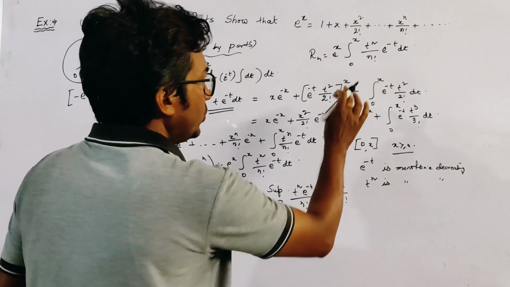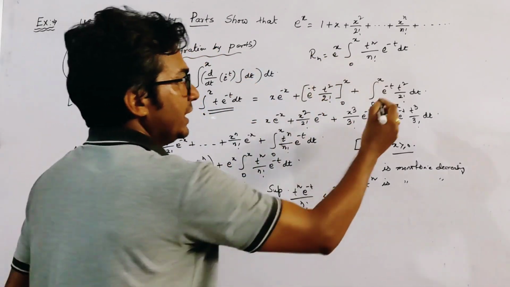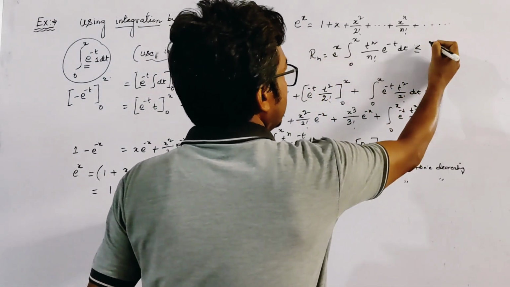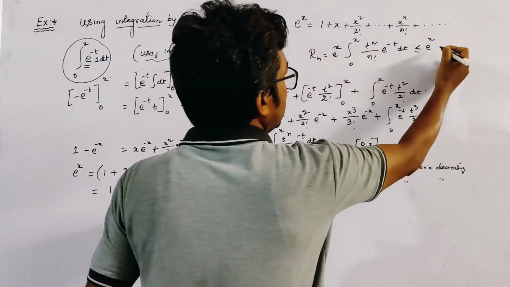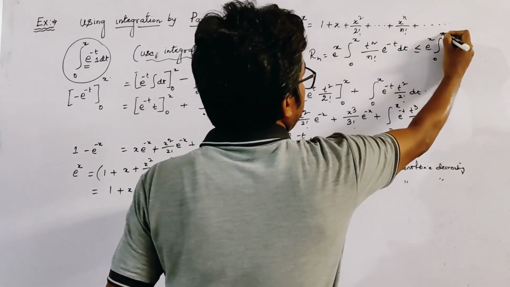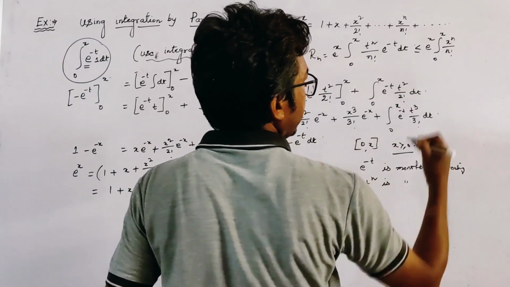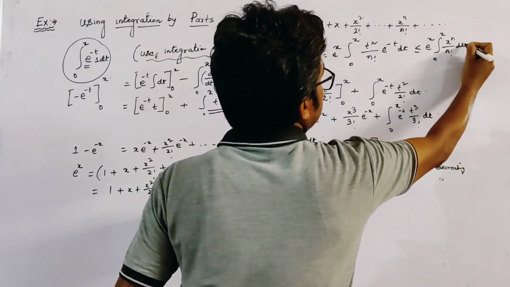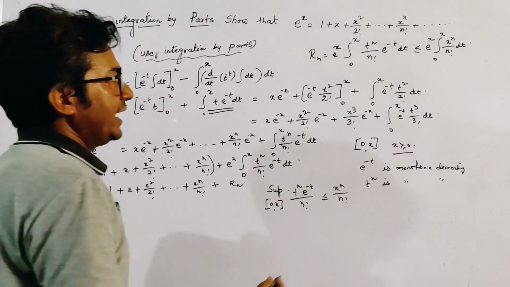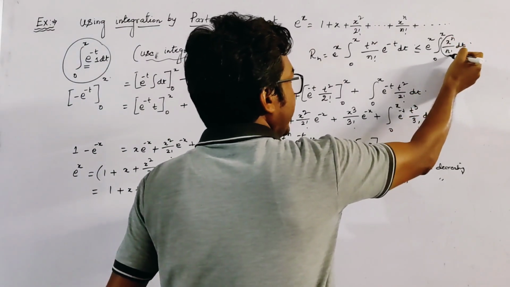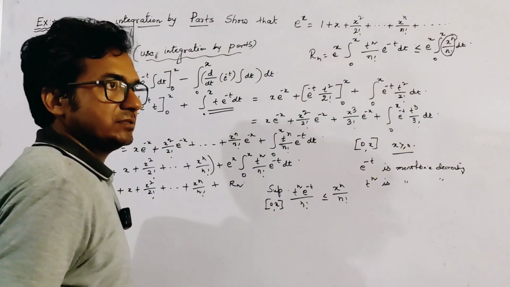Now we write the remainder term Rn as less than or equal to e to the power x into integration 0 to x of x to the power n by n factorial into dt. And x to the power n by n factorial is constant with respect to t.